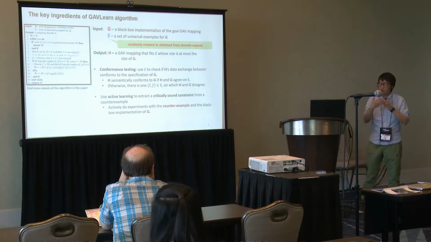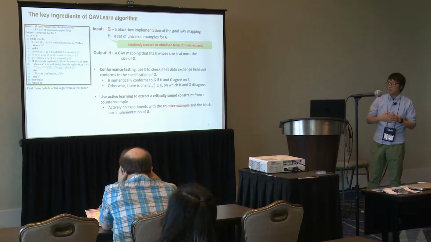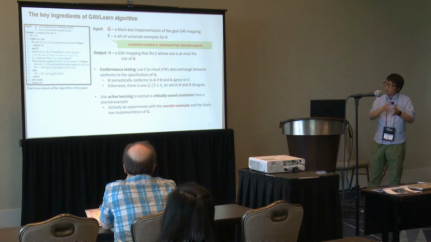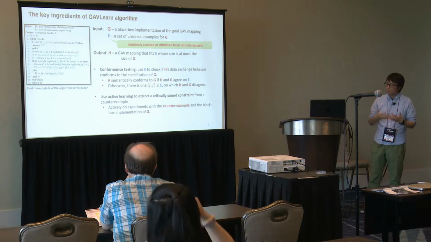If we find a counterexample during the conformance testing, then we have the active learning process to extract a critically sound constraint from the counterexample. This process relies on actively doing experiments with the counterexample and the black box implementation.